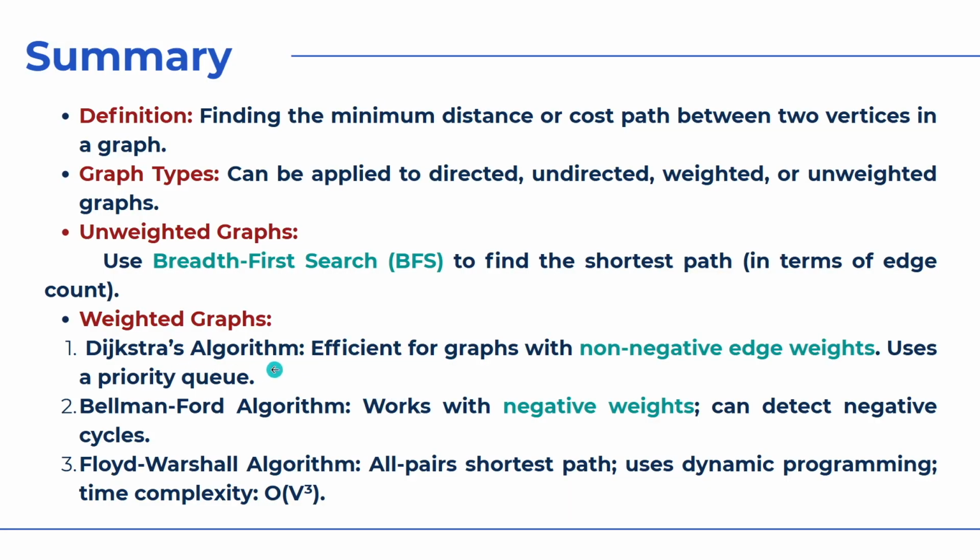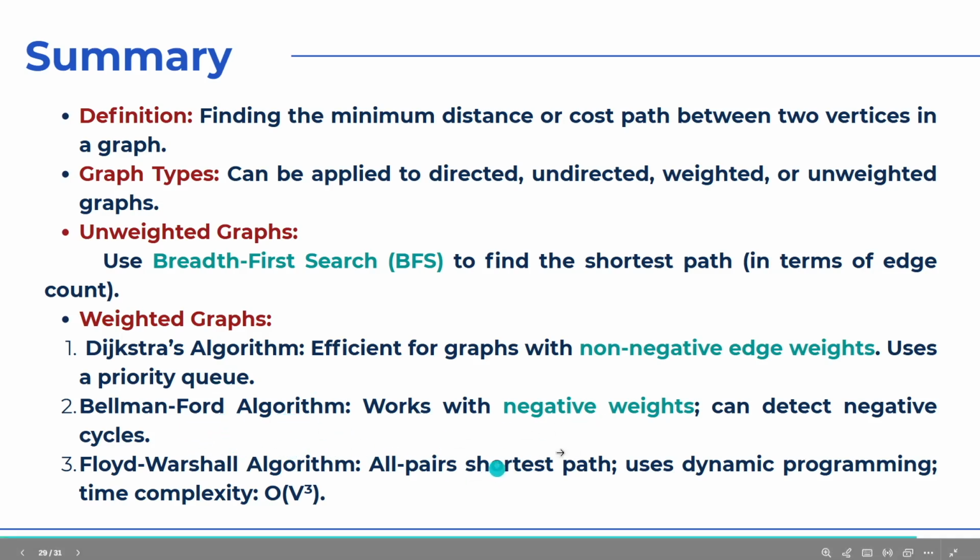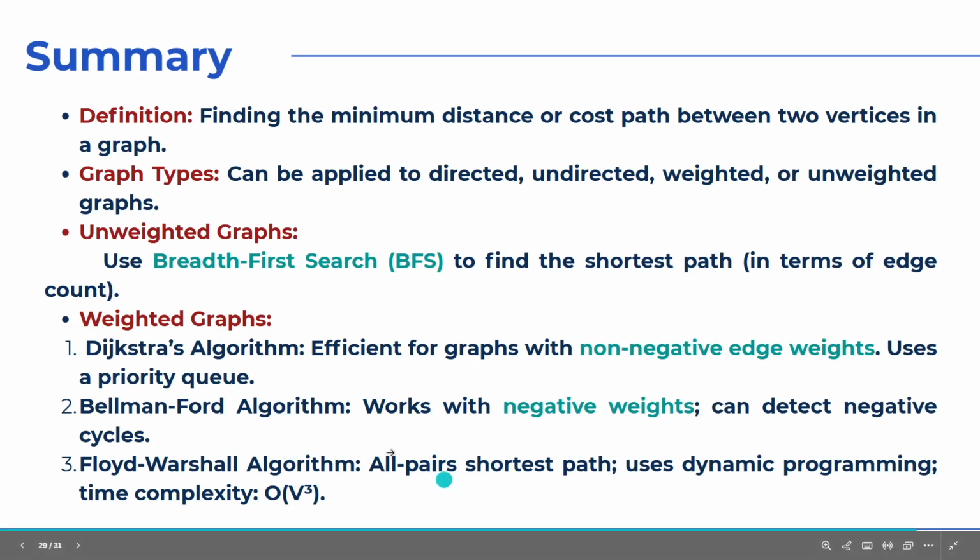I told you that there are two possible ways of implementing Dijkstra's algorithm: either with a priority queue implementation or a list implementation. If your graph contains negative weights, it is better to go with the Bellman-Ford algorithm. And probably in the next lecture we will be learning about solutions for the all pairs shortest path problem.